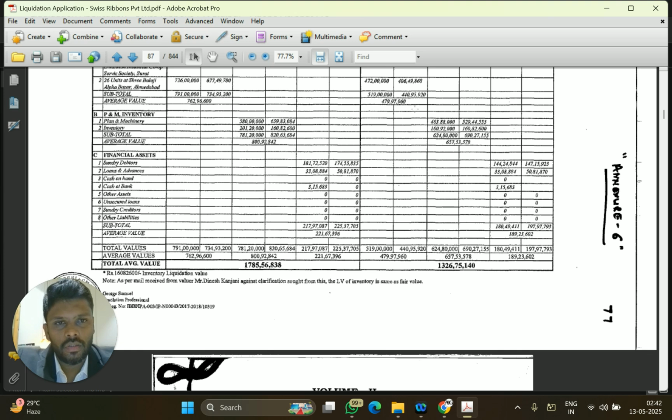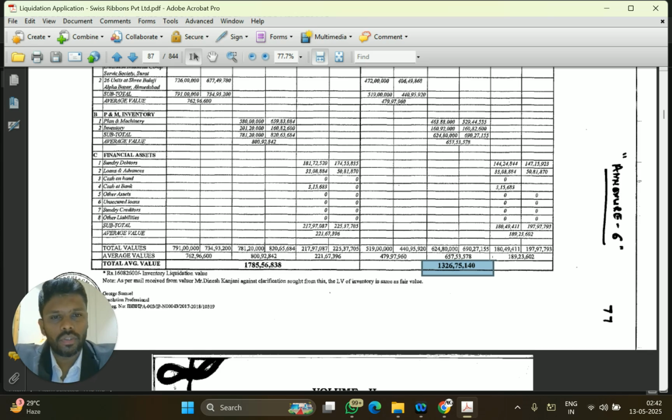Similarly, the average liquidation value of land and building, average liquidation value of plant and machinery, average liquidation value of financial assets, all of these three average values will be totaled, and the total will come to 13 crore 26 lakhs. This is the average total liquidation value. Okay. So this is the manner in which the fair value and liquidation values are derived. The averages of these values are derived.